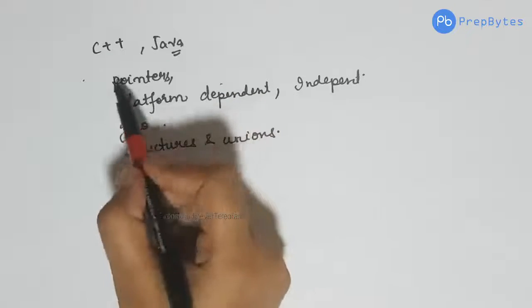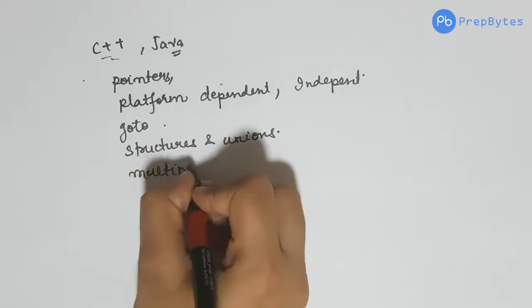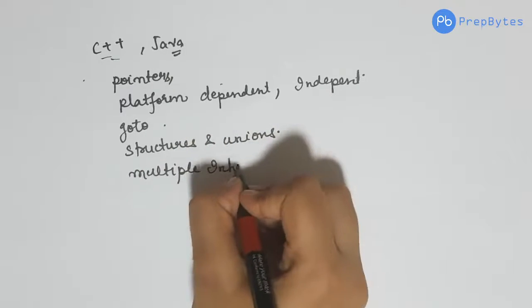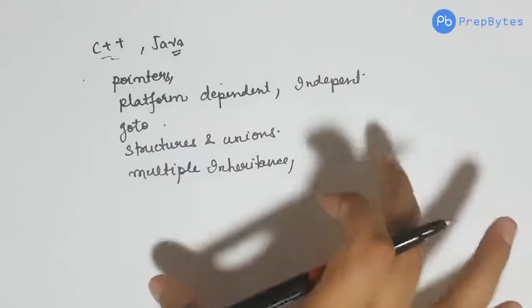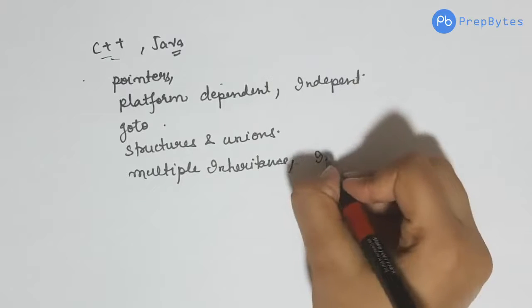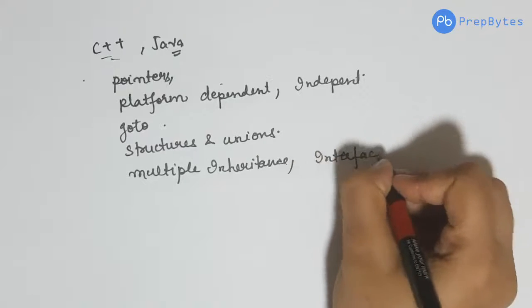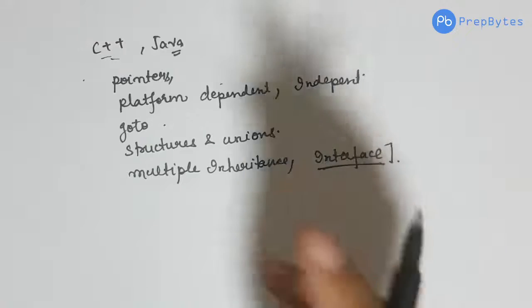One more important thing is that C++ supports multiple inheritance, and Java does not support multiple inheritance. In Java, we use interface to achieve multiple inheritance. We'll talk about interface.